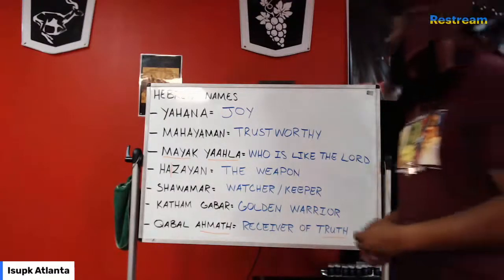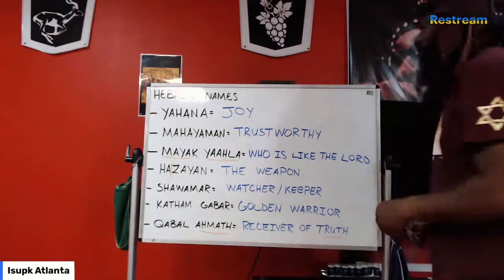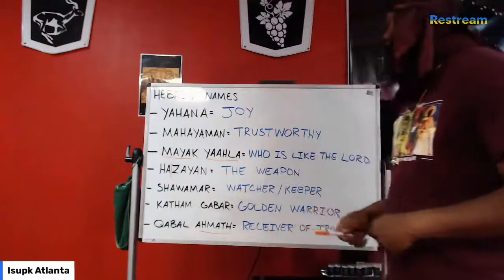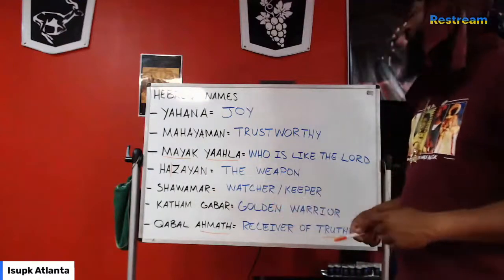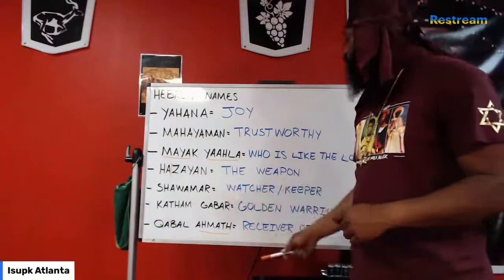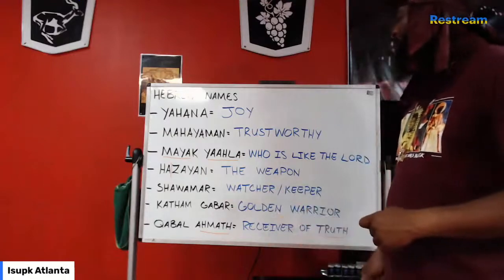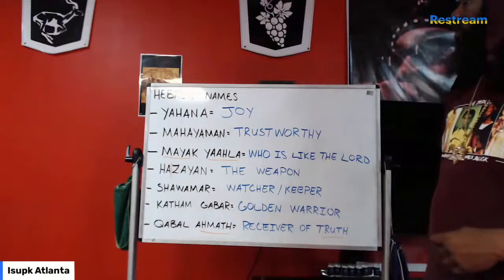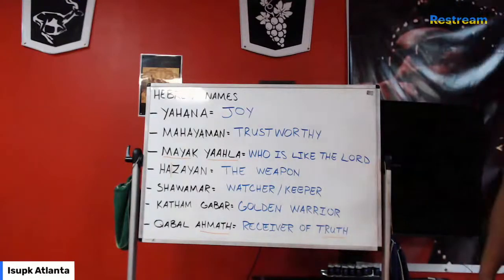It makes sense. Most High in Christ. Shamar, watcher, keeper. Katham Gabar, golden warrior. Kobalamam, receiver of truth. Most High in Christ. We'll let this sit for a couple of seconds.